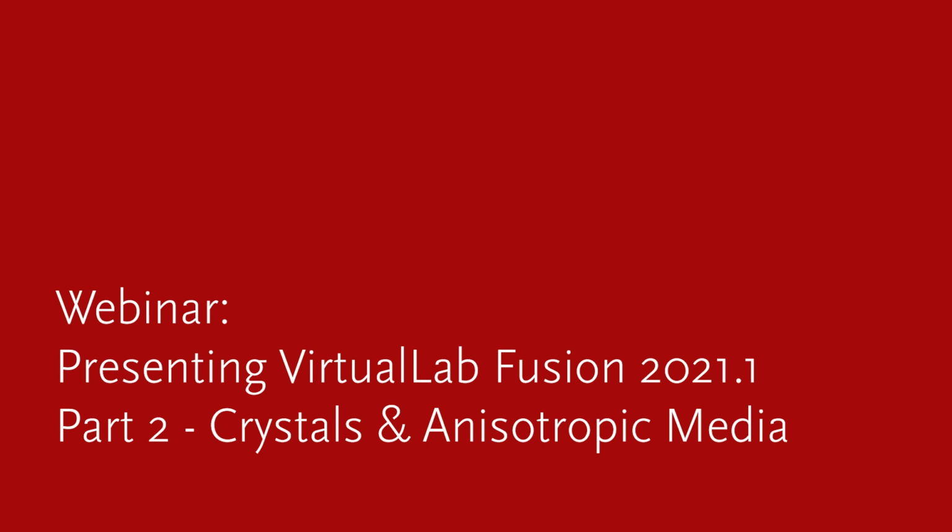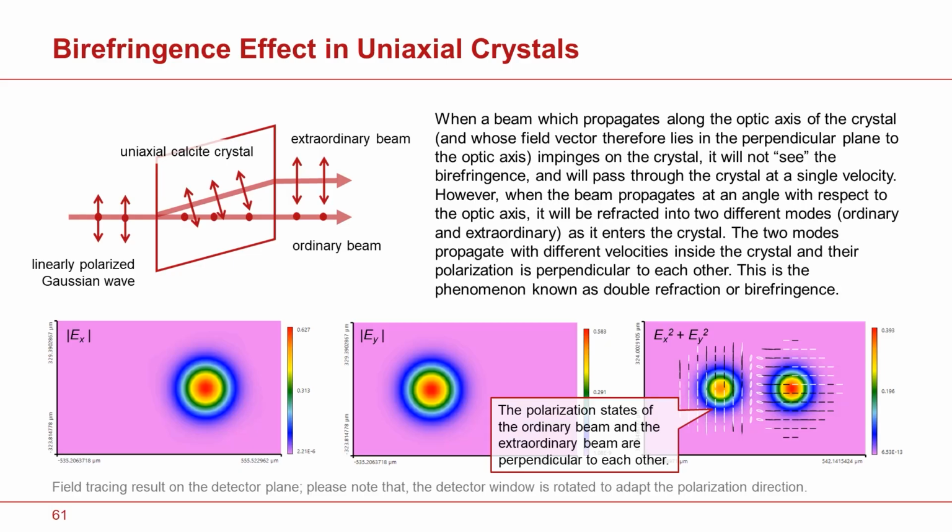And the first example that we're going to look at here is birefringence. So we very simply have a linearly polarized Gaussian wave, which is going to propagate through a uniaxial crystal, a calcite crystal.